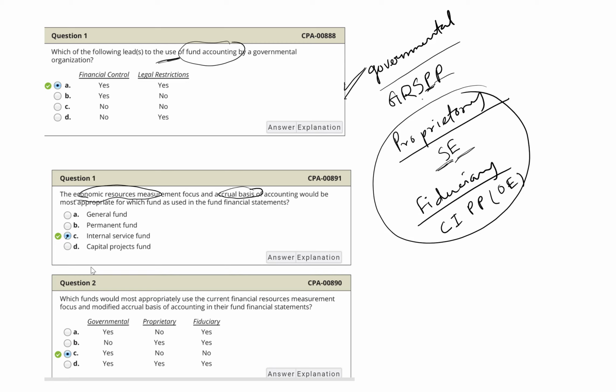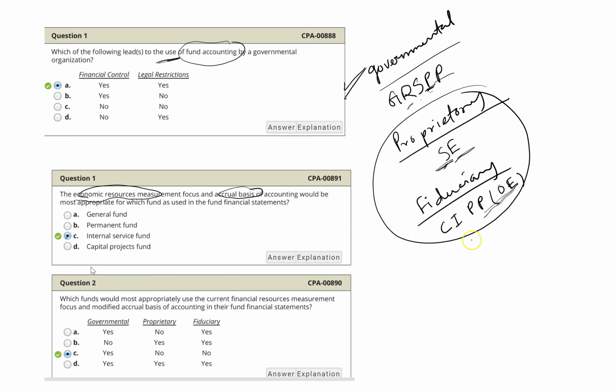Again, for governmental funds it is GRSPP. That means general fund, special revenue funds, debt service funds, capital project funds, and permanent funds. For the proprietary funds it is internal service and enterprise funds. Now the last category, fiduciary funds, it's CIPP, and you can also remember POE, that means the last one is pension and other employment benefit funds.